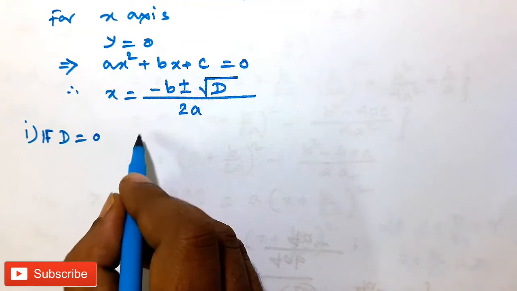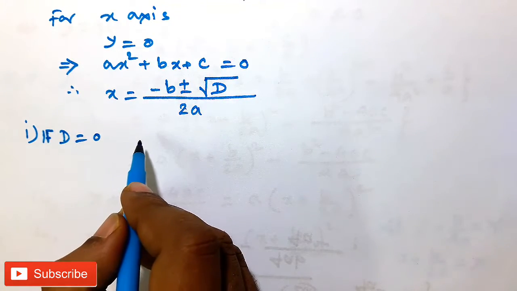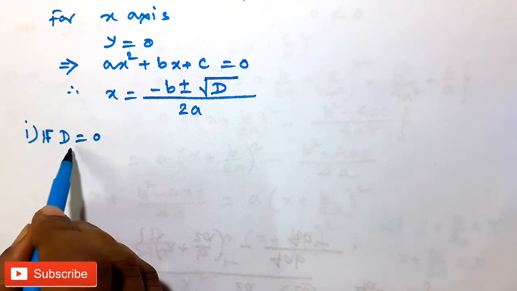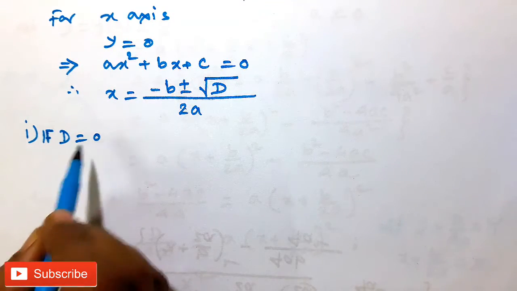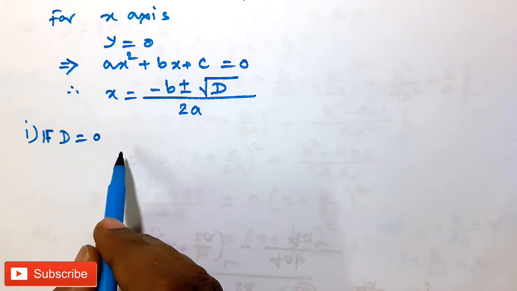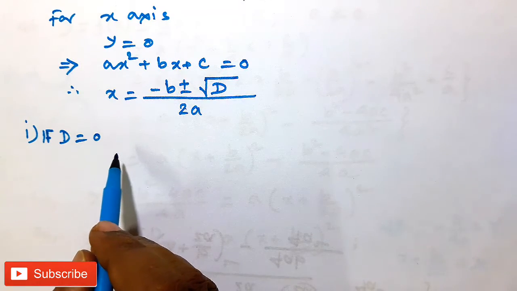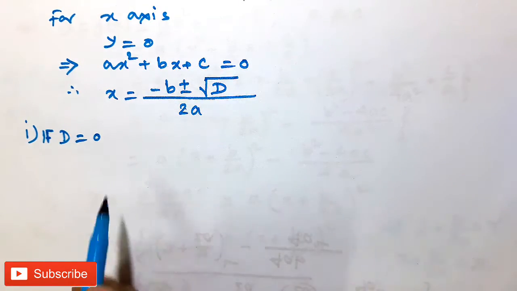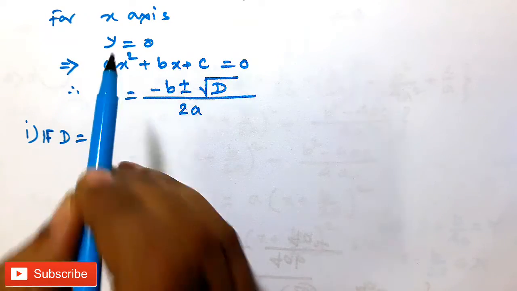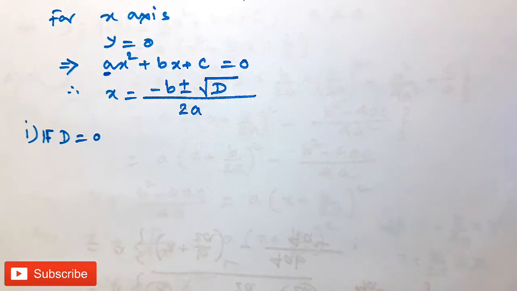then parabola touches x-axis in only one point. Okay? If D is equal to 0, that is the discriminant is equal to 0, then the parabola will touch the x-axis in only one point. Now cases arise. The leading coefficient a, if greater than 0, what happens?